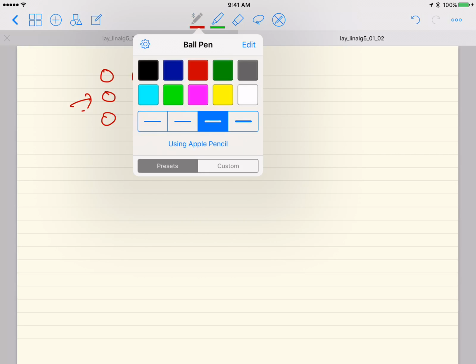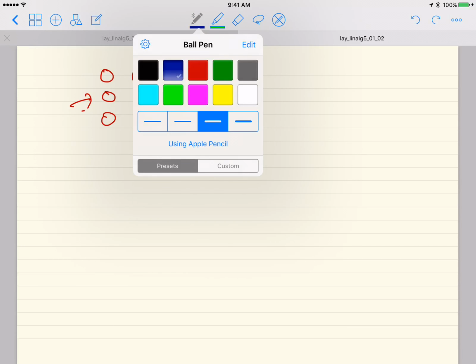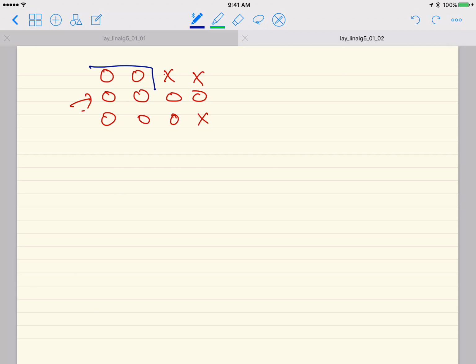In that case, let's try to draw the staircase using a different color. So we step up or down, and then we go to the right, and then we suddenly end it. So we went to the far end at the right.